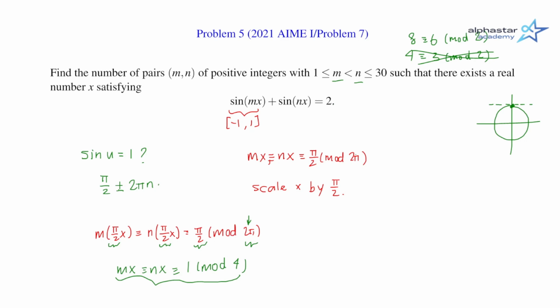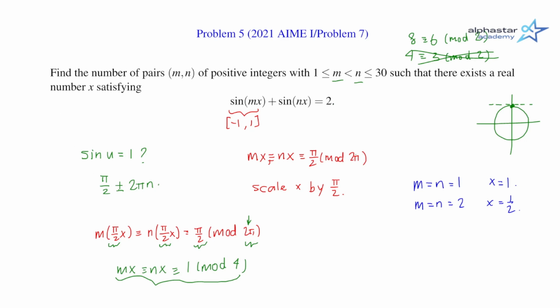Some easy examples of where this happens is where, for example, m equals n. If they're both 1, then we can just let x equals 1. If they're 2, we can just let x equals 1/2, and so on. It turns out that in order to find such an x, let's figure out when mx and nx are both integers.